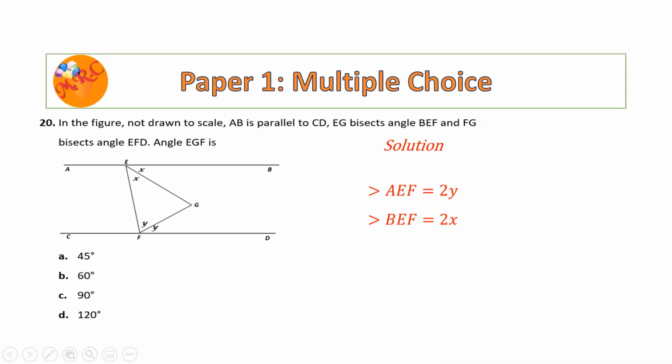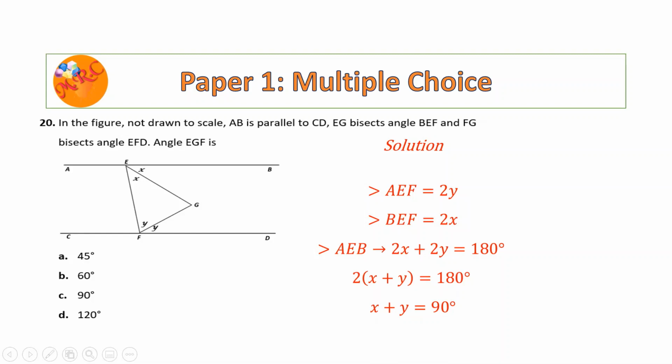That means 2y plus 2x equals 180 degrees, using the property that angles on a straight line at a point add up to 180. Now we can simplify: 2x plus 2y equals 180. We factor the 2 out, so we're left with x plus y equals 90.